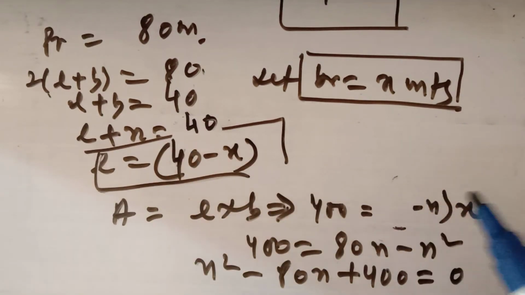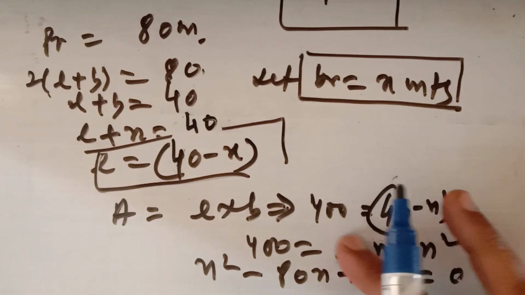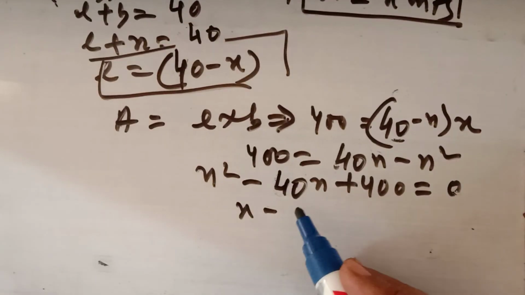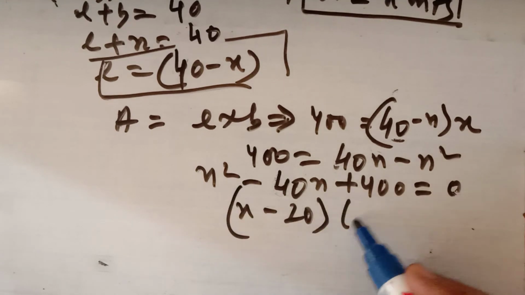It will be 40 here, and it will be again 40. So now this equation will be solved very easily. When you factorize it, it will be x minus 20 into x minus 20.